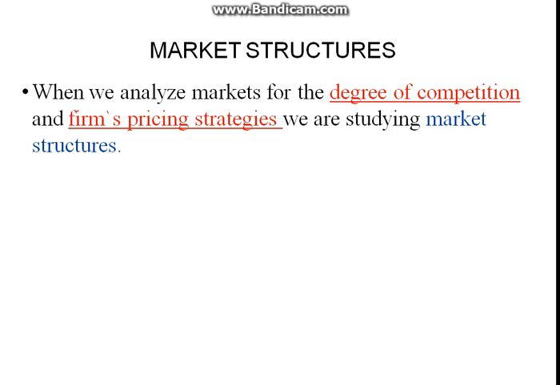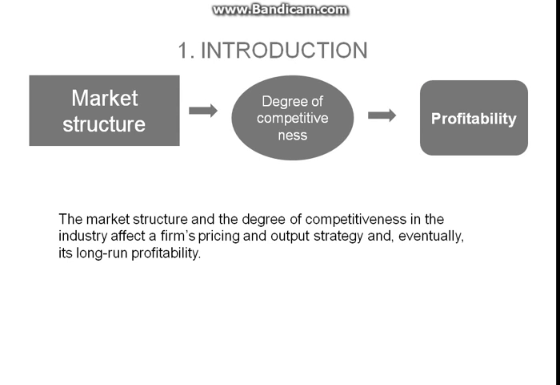Market structures. When we analyze markets for the degree of competition and firms' pricing strategy, we are studying market structures. Let's see what this means. Market structure leads us towards the degree of competitiveness. We are analyzing what type of competition there is in the market among different firms.